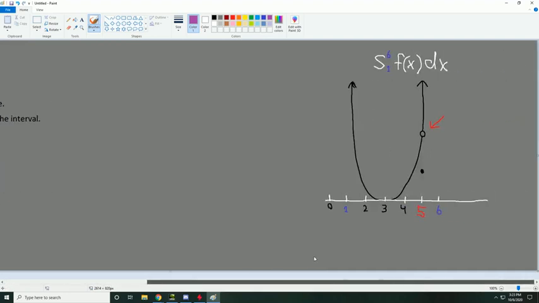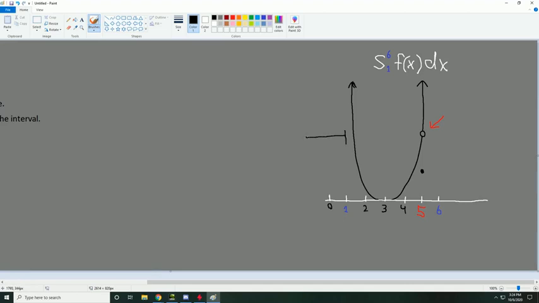As an example, let's look at this graph over here. We're looking for the integral from 1 to 6 of some function dx, and we have a point that's discontinuous at x equals 5. When we're looking at an example like this, we're only concerned with the numbers from 1 to 6.